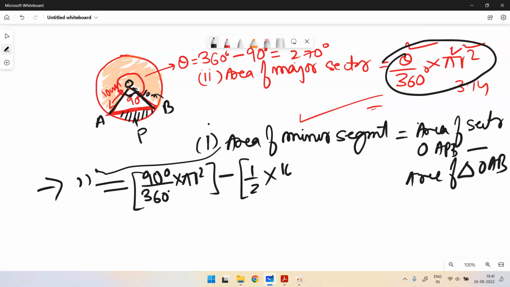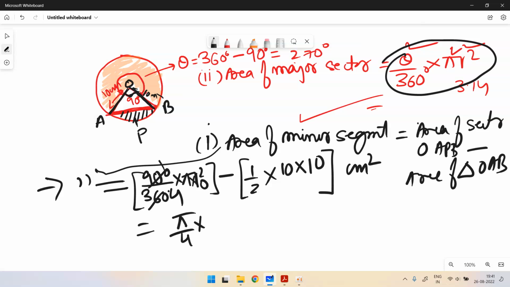Half, base is 10 and height is also 10, or you can simply write r square. So if you solve this, 1 by 4, this is pi by 4 into 10 square minus half into 10 square, in centimeter square, and if you solve this you will get the answer. The value of pi is given as 3.14. Solve this and you will get the answer.